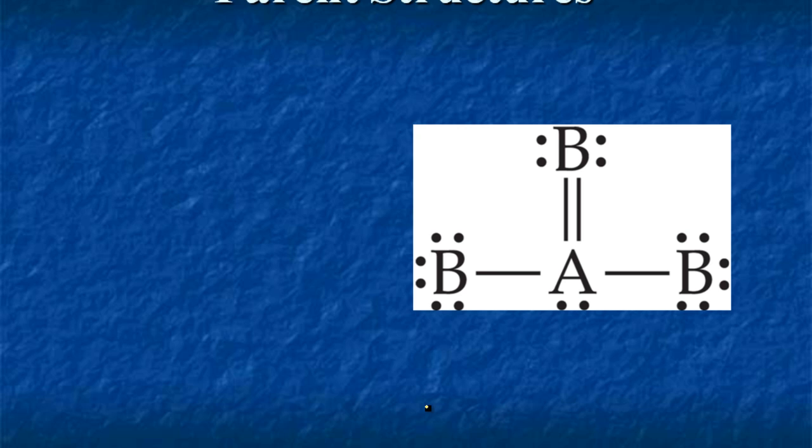Why? Every pair of non-bonding electrons we count as 1, 2, 3. A double bond or triple bond is also counted as 1. That means this is the 4th set.